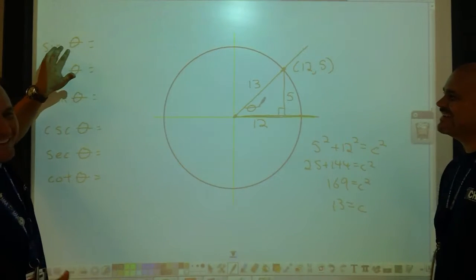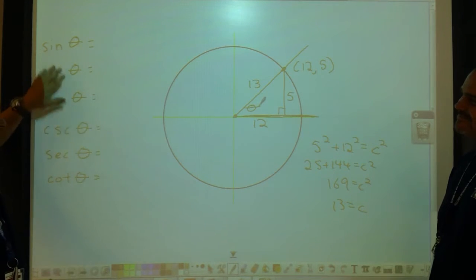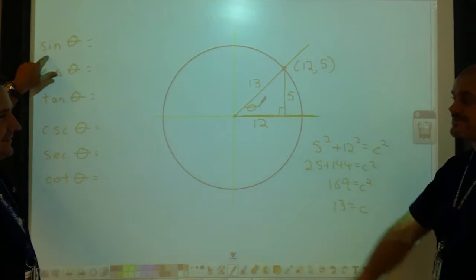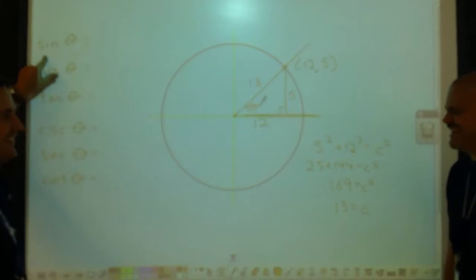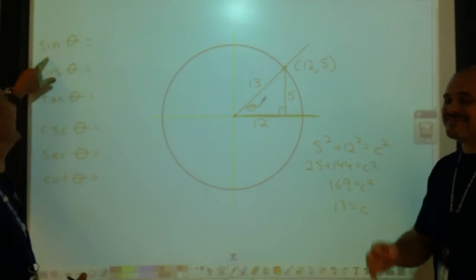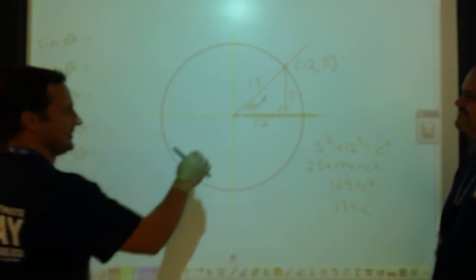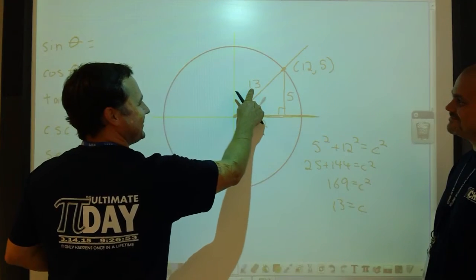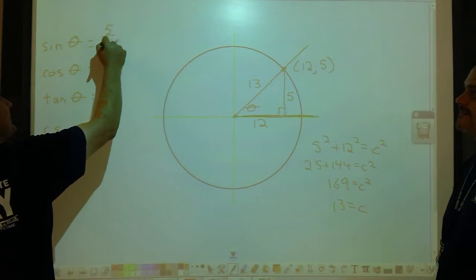So we're on to our good friends, the three trig functions and their cousins. They're first cousins, that's right. Sine of theta is opposite over hypotenuse: 5/13.